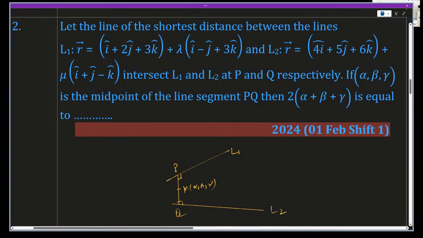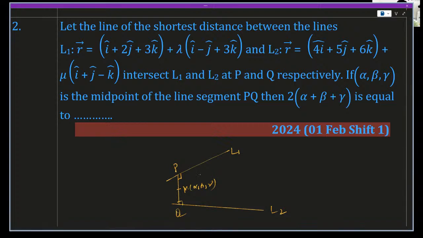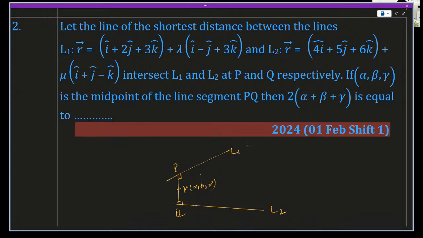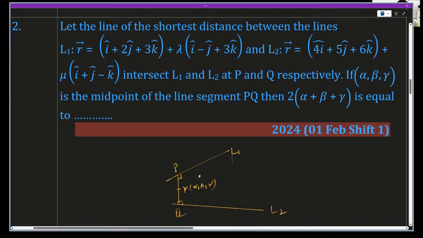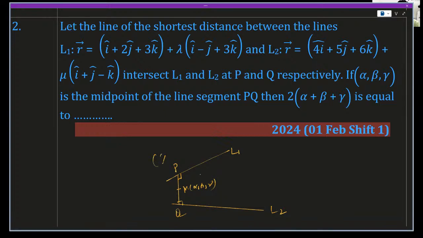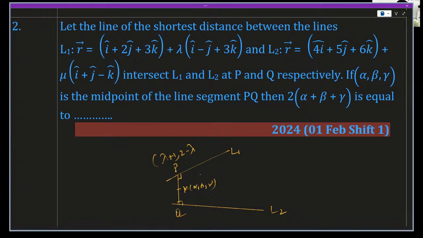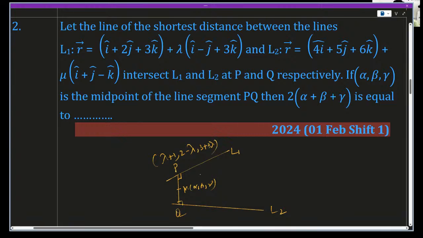So for doing it, we take a point on this line. A point on the first line, you all know this, is (lambda plus 1, 2 minus lambda, 3 plus 3 lambda).